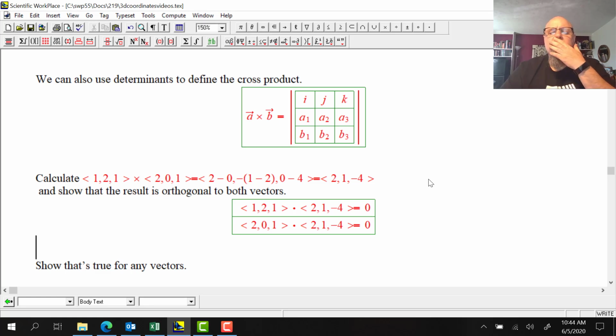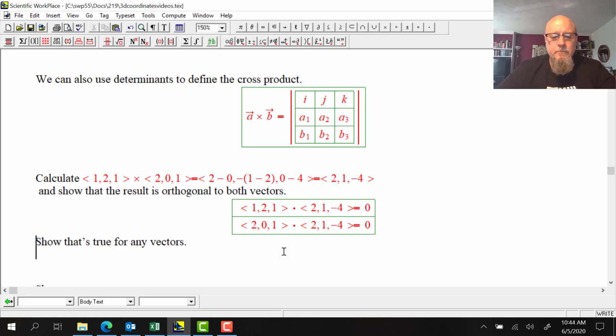Okay, that's an example that my answer is perpendicular to both vectors, but I want to show that that's true for any vector. So I'm going to use the same idea here.